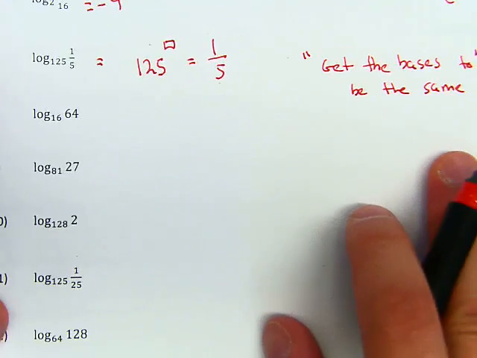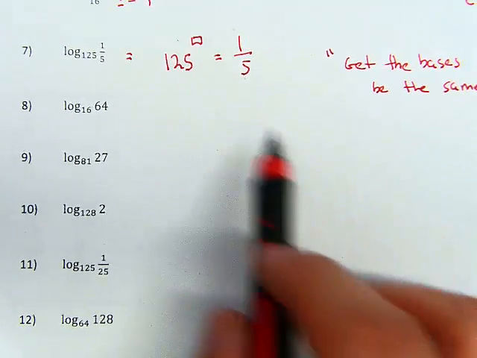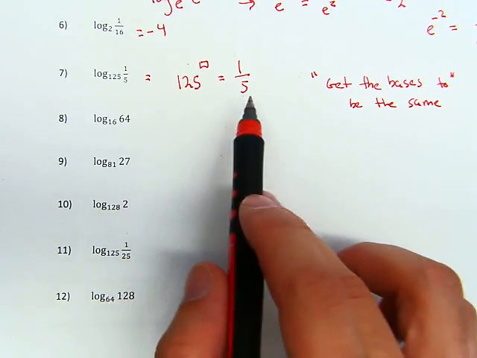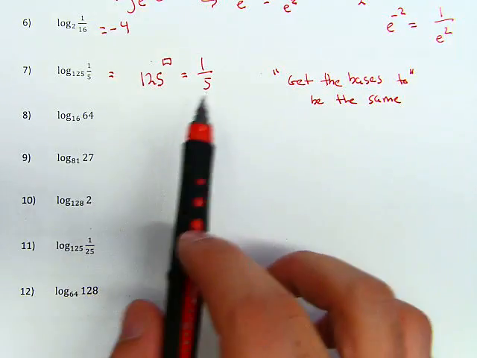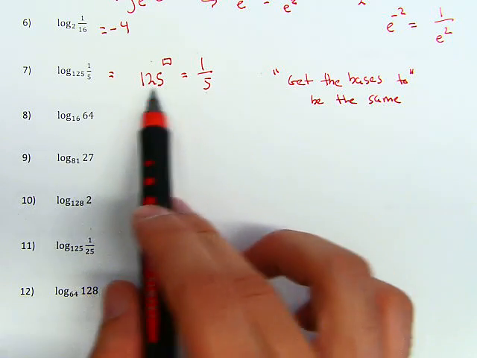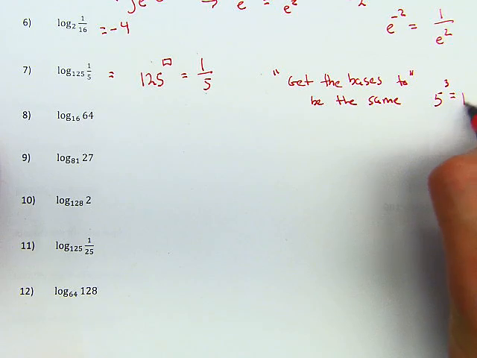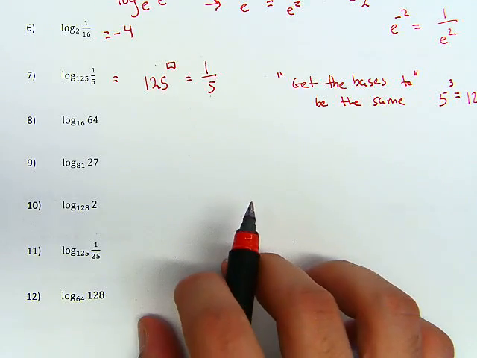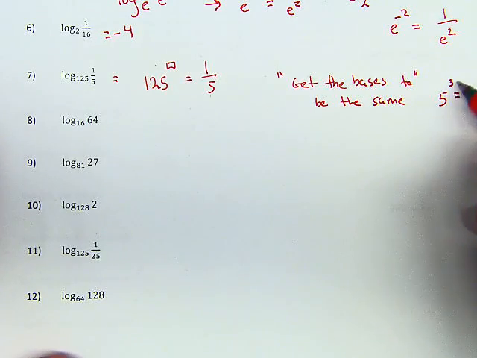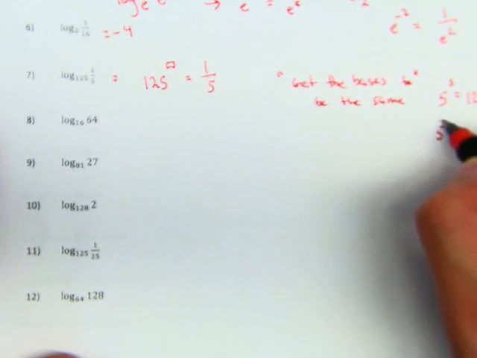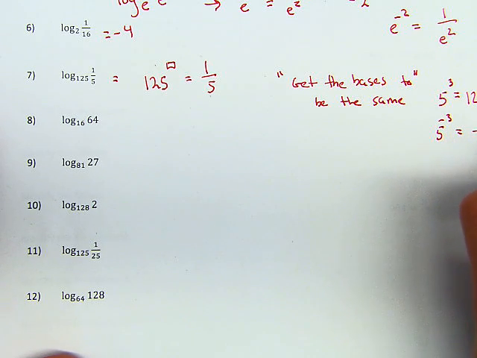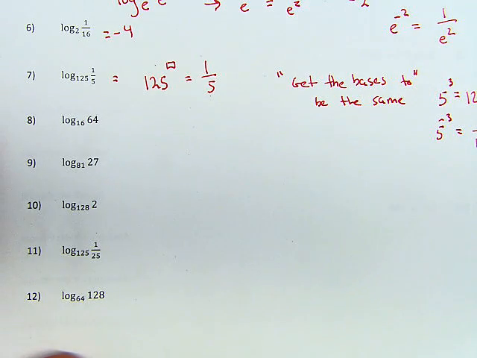When you get to this point, ask yourself, what's the relationship between 5 and 125? Is there a way to manipulate one of these numbers to get the other? And notice that 5 to the 3 is equal to 125, right? If 5 to the 3 is 125, 5 to the negative 3 is 1 over 125, okay?